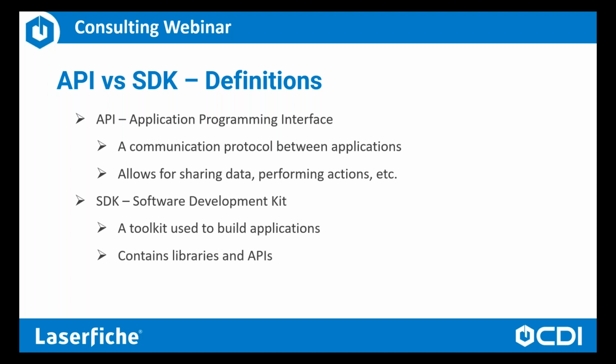An SDK, or a software developer kit, is a toolkit used to build applications. And these will contain libraries and APIs that will assist with building new integrations and integrating with that application.